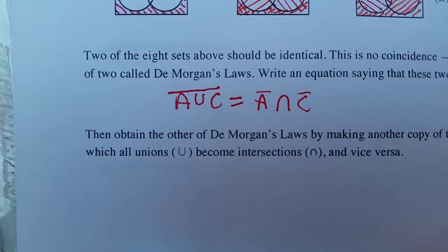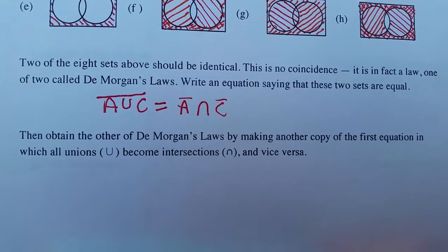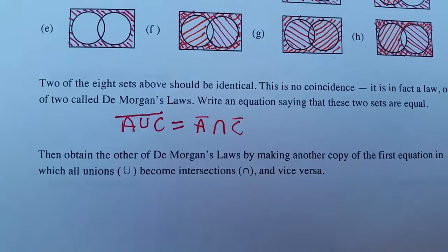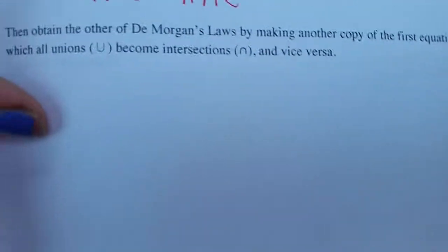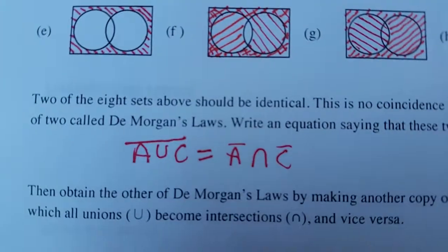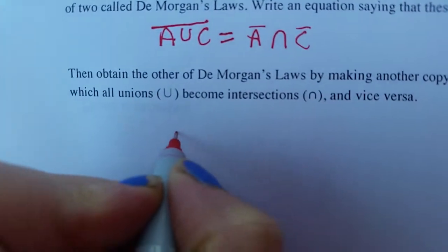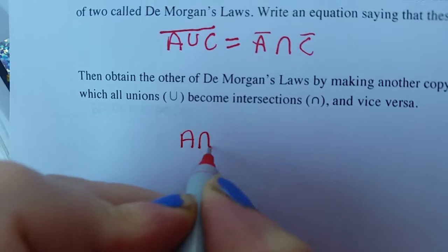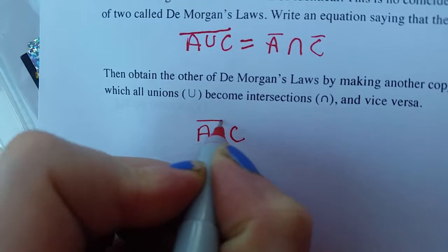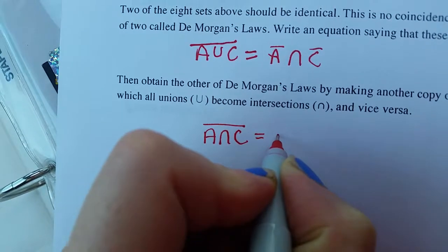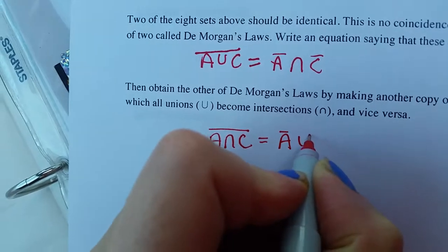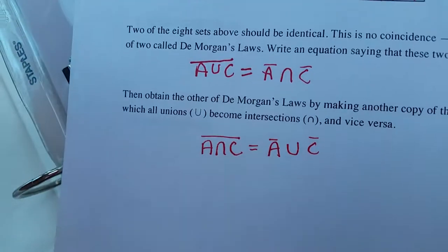Then it says the other of DeMorgan's laws is the same as this equation, except you change the unions to intersections and then the intersections to unions. So it would look like A intersect C, if we took the complement of that, that would be A complement union C complement.